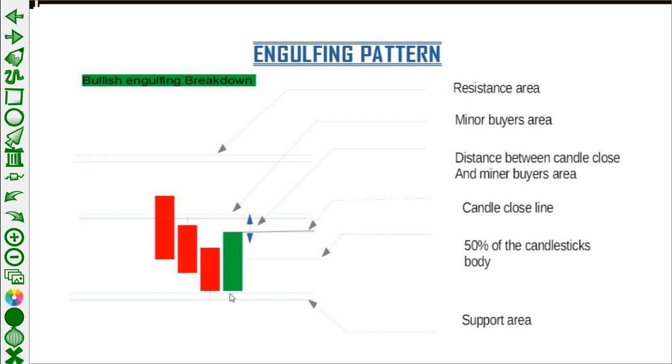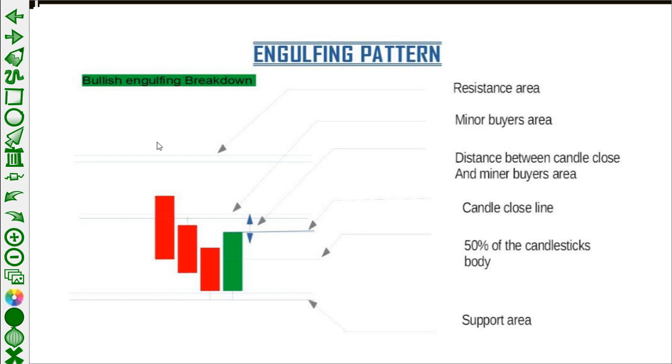But we should draw these areas first. After confirming that we are on the buyer's side, we are hunting for only bullish engulfing patterns. And the bullish engulfing pattern is considered a valid pattern when it meets the following conditions.